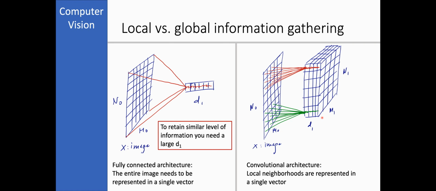So to retain a similar level of information, you would need a much larger layer in a fully connected network. Here, I don't need a very large D1 to retain the same amount of information because each vector here is responsible for gathering information in a much smaller area. So that's a big gain.